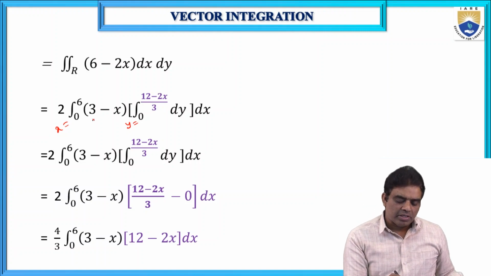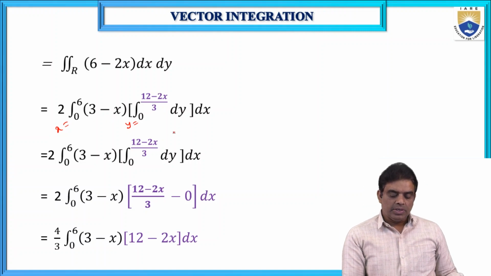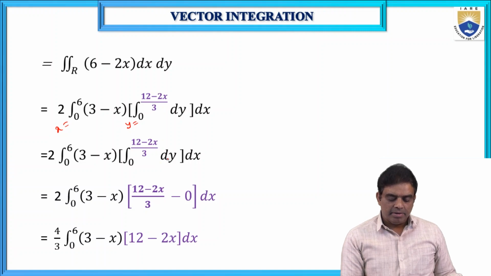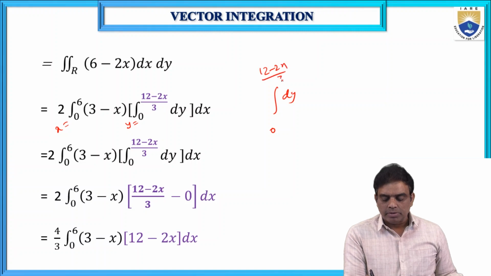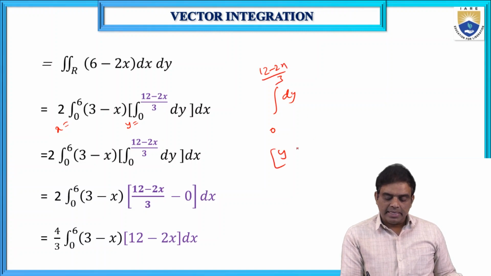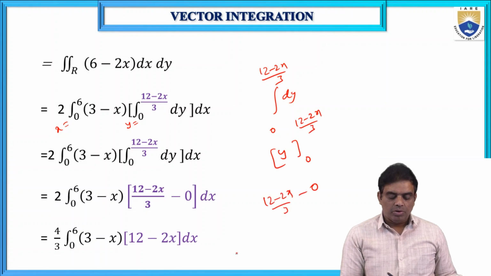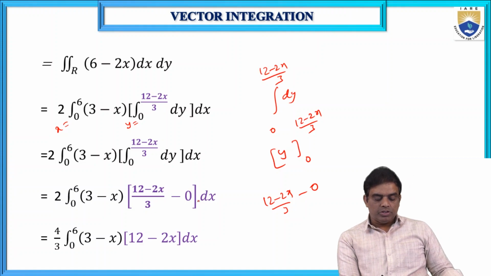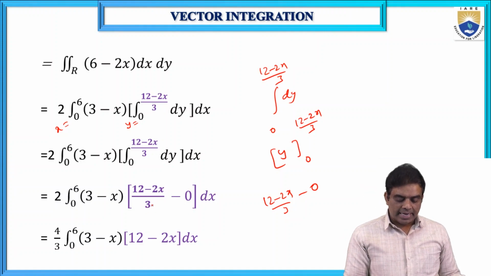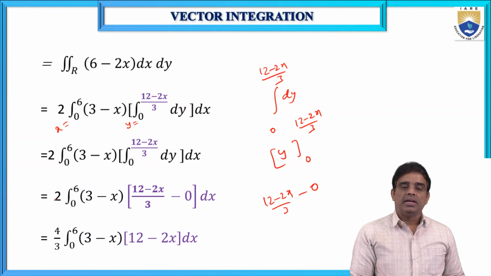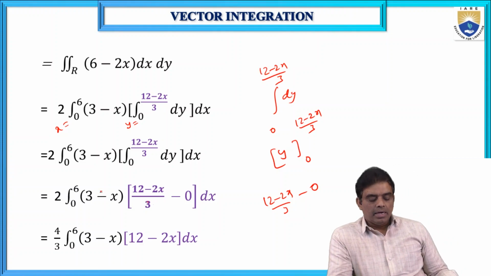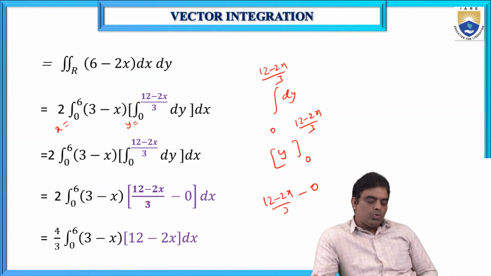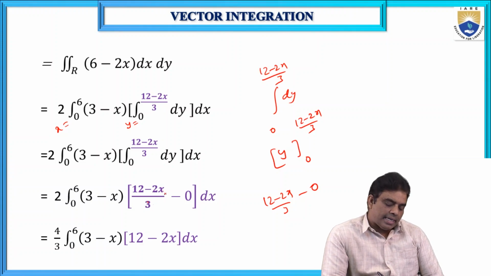Because it is a pure function of x, you can write it outside. The integral of dy is y from 0 to (12 minus 2x) by 3, that is (12 minus 2x) by 3 minus 0, times dx. Or you can take 3 outside, and in the numerator you can take out 2 from 12 minus 2x.